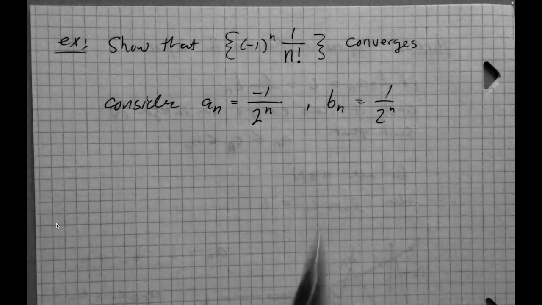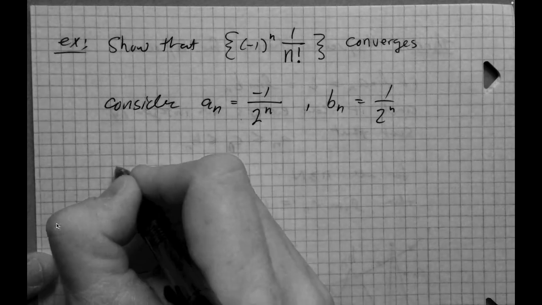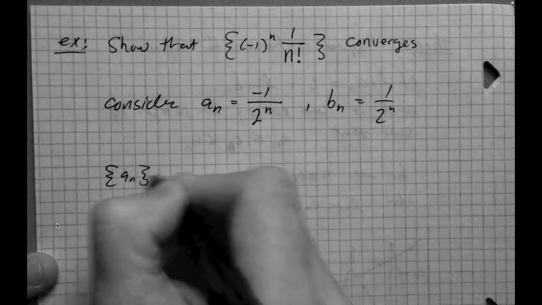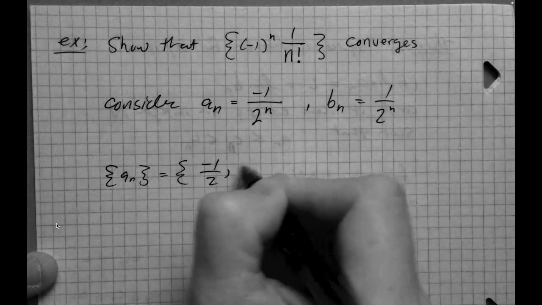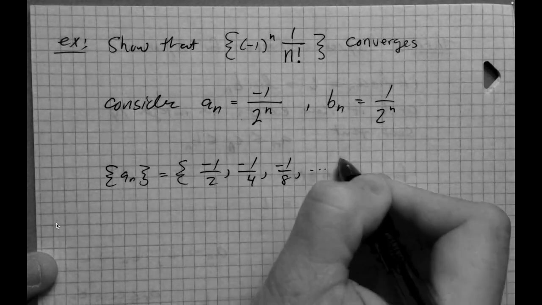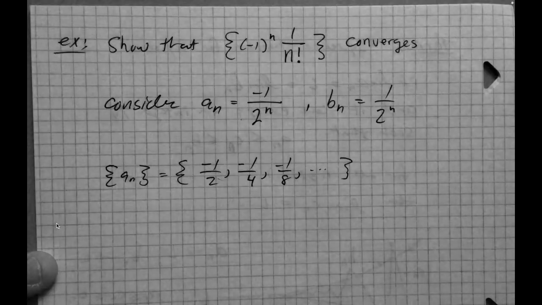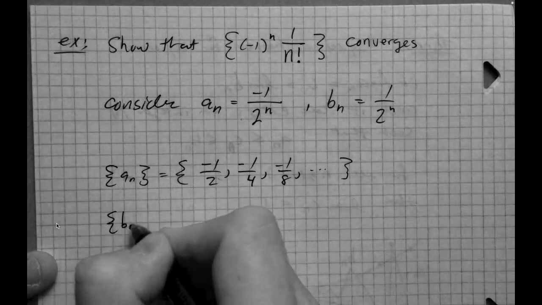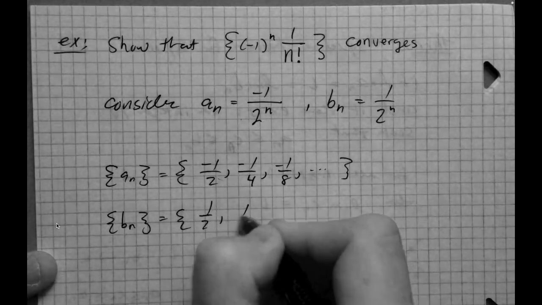Now both of these converge to 0, right? That's probably something we can just see. This would be like negative 1/2, negative 1/4, negative 1/8, and so on. Obviously the terms are getting closer and closer to 0, but from the negative side. b of n will be the same thing except positive.